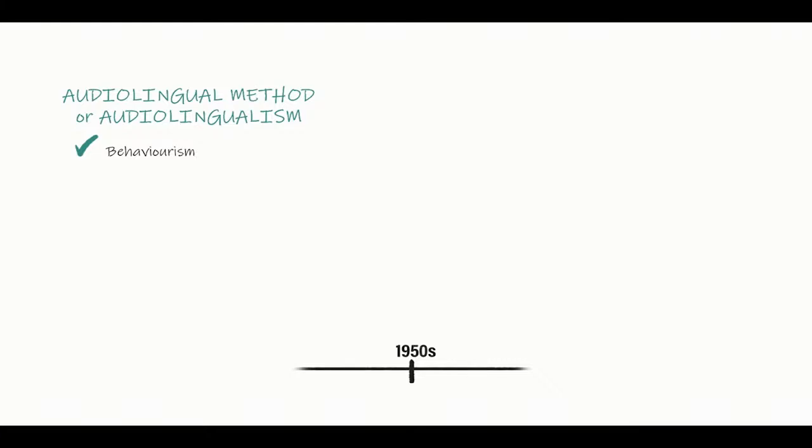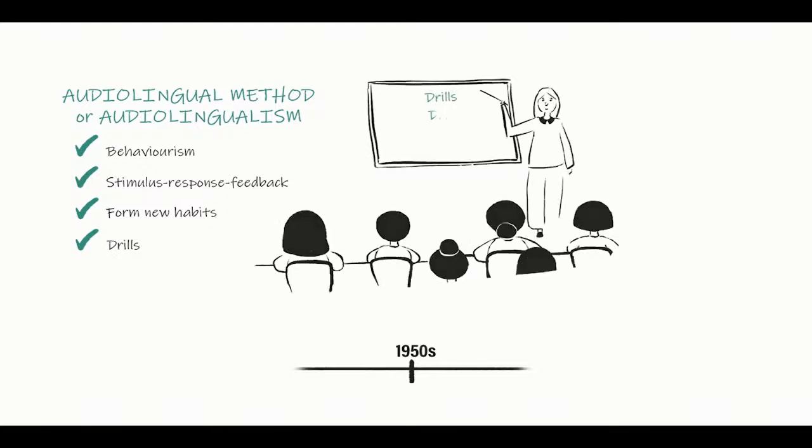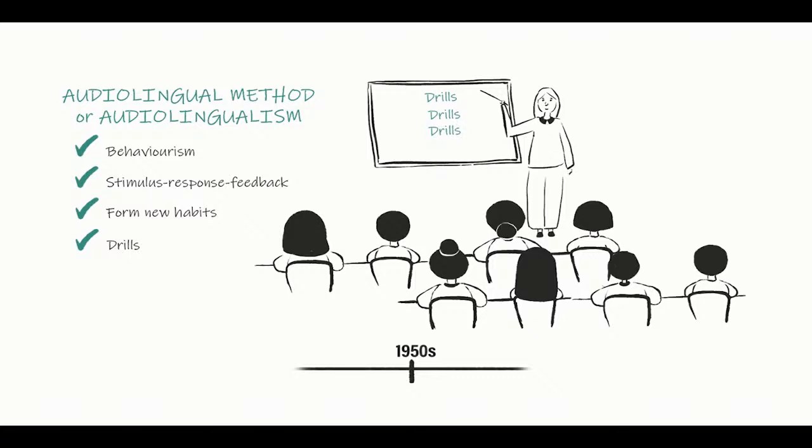According to behaviorism, people's behavior depended on a pattern of stimulus, response, and feedback, and learning a language meant using the language communicatively to form new habits and get rid of old habits from the first language. Lessons in audiolingualism focused on drills, in which students repeated the same target language items again and again. This was in line with behaviorism because it involved a stimulus provided by the teacher or by tape, a response provided by the learner, and feedback provided again by the teacher.